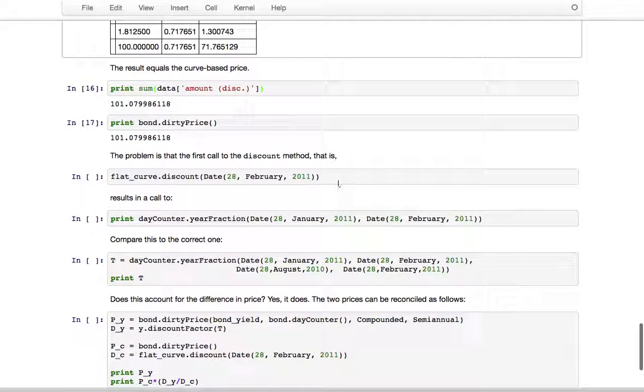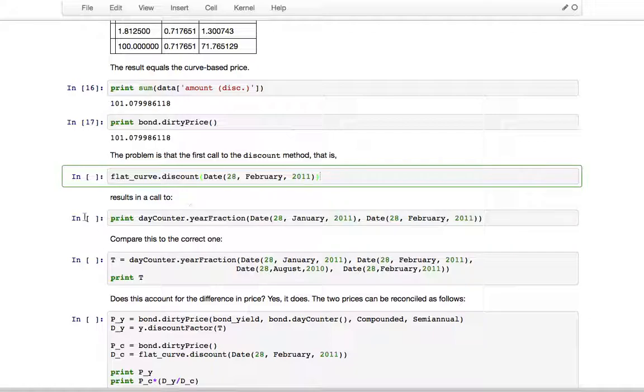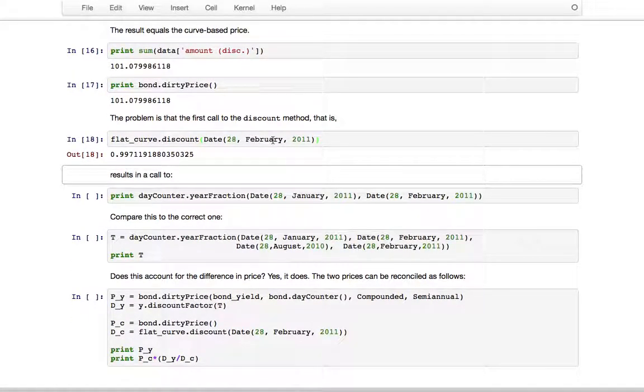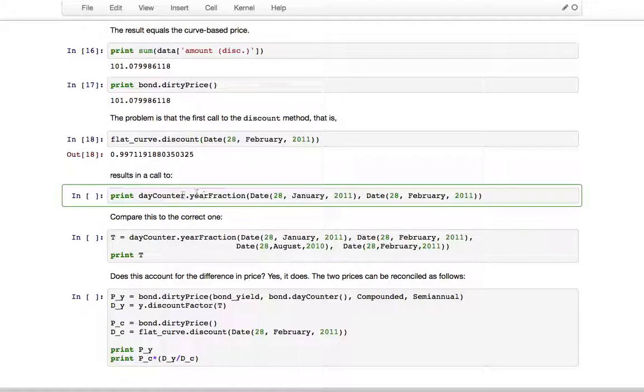And the problem is, when we call the discount method of the curve for the first date, not having the reference period information, the curve translates this into a call to the day counter asking for the year fraction between the reference date of the curve and the passed date.